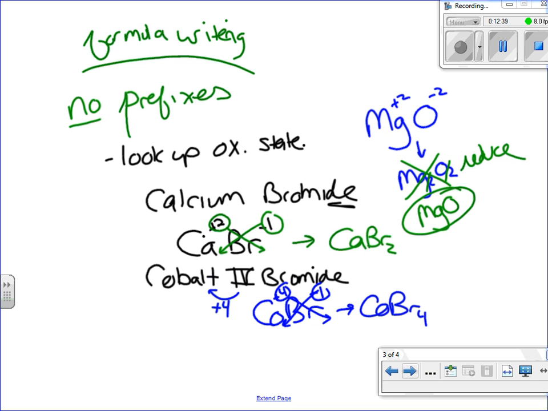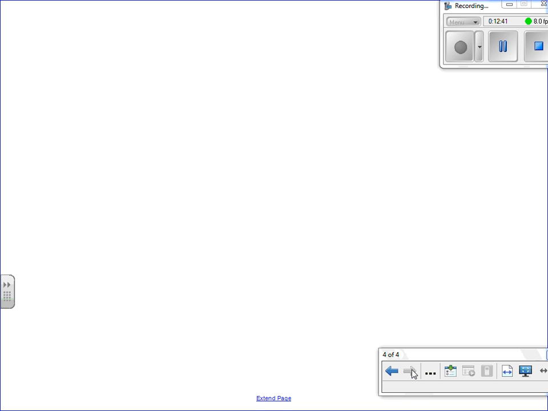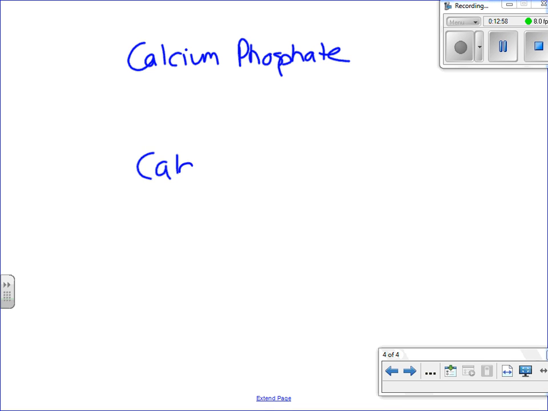Last thing for naming, for formula writing, excuse me, it's polyatomic ions, okay? Let's say calcium phosphate is very different stuff than calcium phosphide.